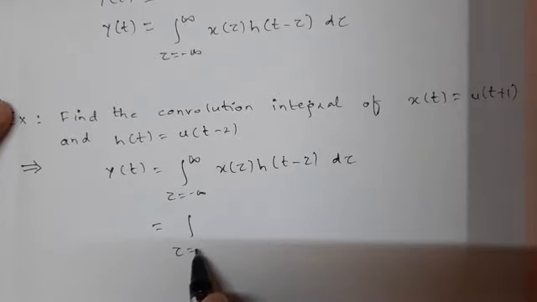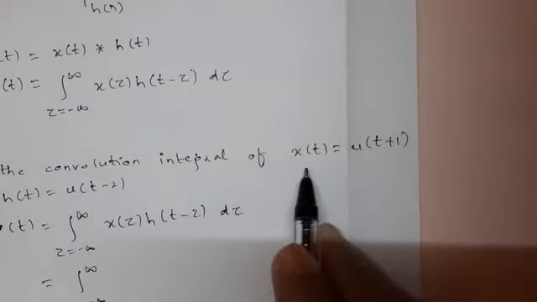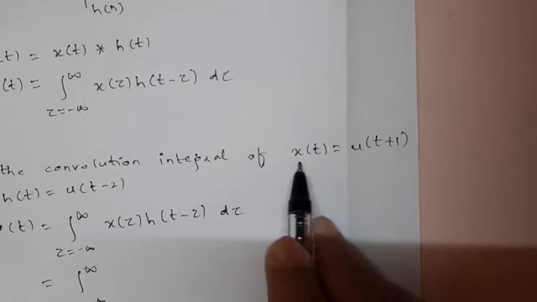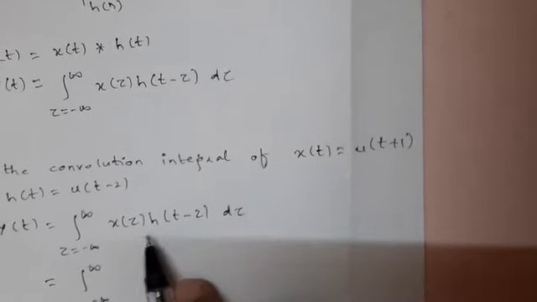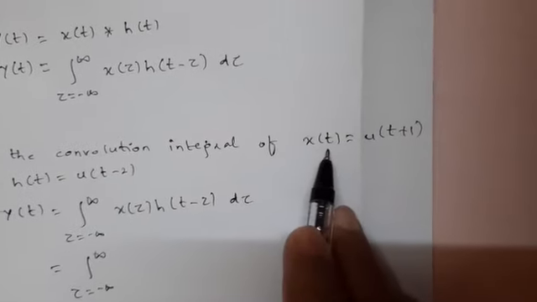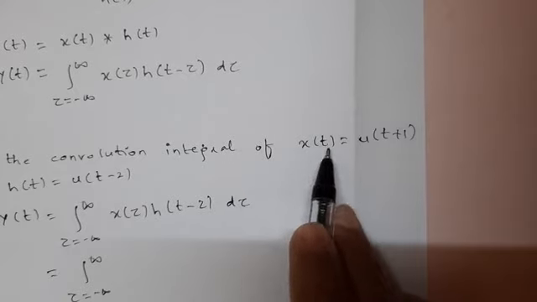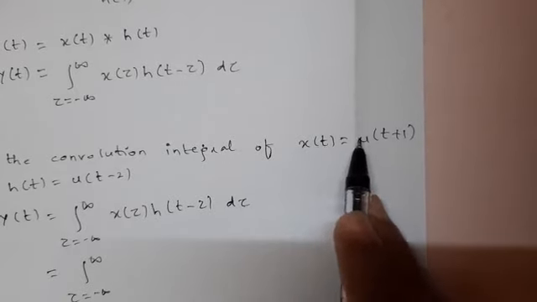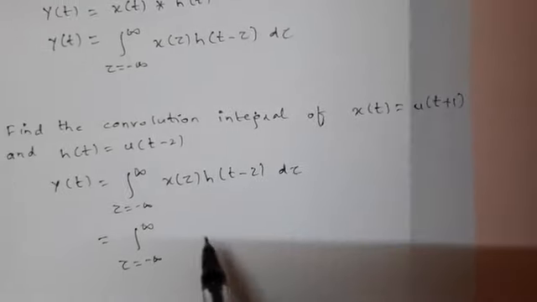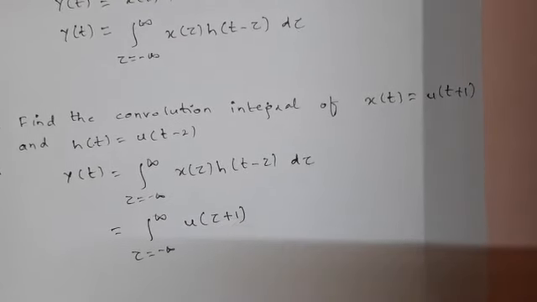They have given in the question x of t, but in the equation what you want? x of tau. So simply replace t by tau in x of t. What it becomes? u of tau plus 1.